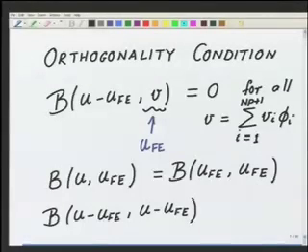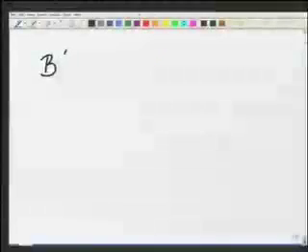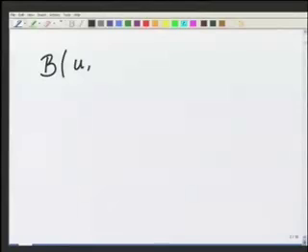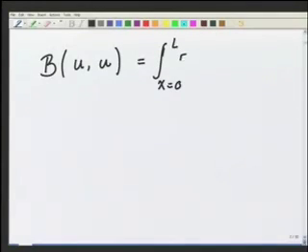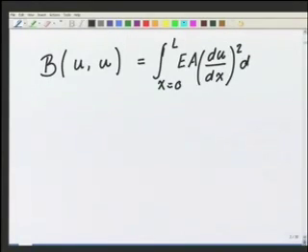First of all, physically, what is this equal to? So let us go back to our definition of b. If I put some function u, b(u, u) is equal to the integral over x equal to 0 to L of E a (du/dx) whole squared dx.